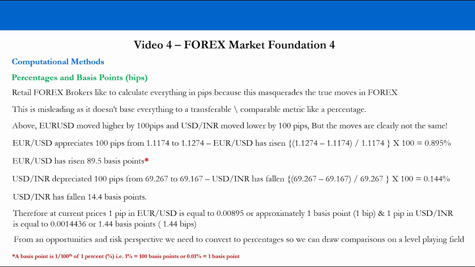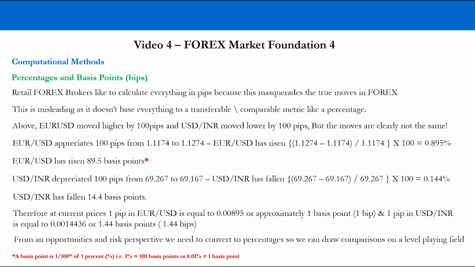And when we compare this euro dollar move in basis points to the dollar rupee move, we can see the euro dollar move was actually a much bigger move. So when we look at dollar Indian rupee, the percentage move was spot 144%, or 14.4 basis points. So the current price, if you work it out in euro dollar, we can work out from that what 1 pip is equivalent to in basis points.